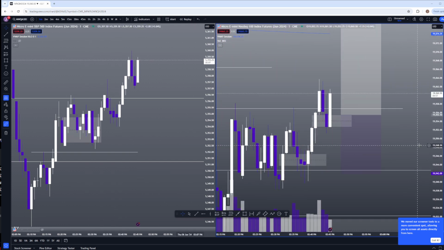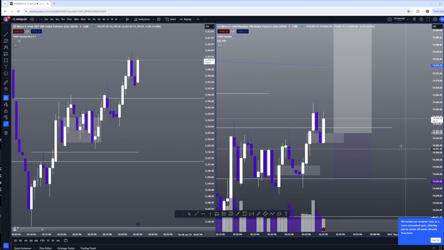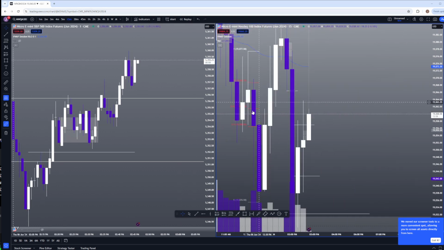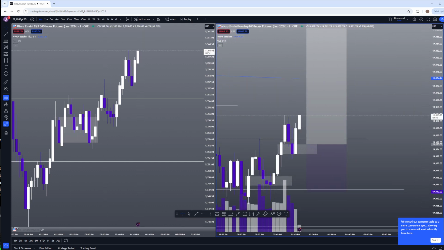So I mean, you could still look for those entries. Right now, this is a tough long entry to get into because of that reaction on the 15-minute. No displacement on the 5-minute. Again, it still looks like these longs are trying to pump.